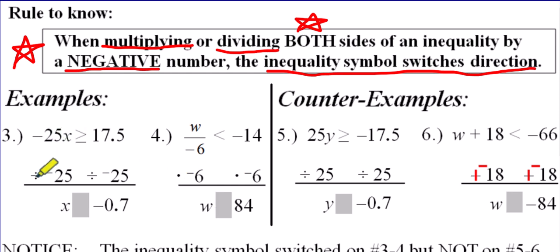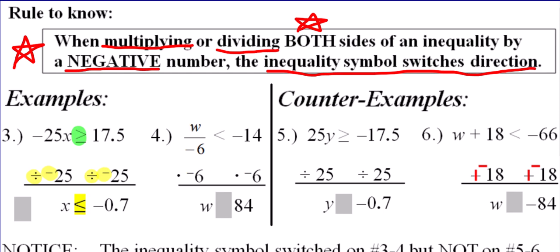The inverse is to divide, but since it's a negative, we're going to divide by a negative on both sides. As this rule says, when you multiply or divide both sides by a negative, the inequality symbol must switch direction. So it used to be greater than or equal to, but since we divided by a negative, it's going to become less than or equal to. It switches direction.